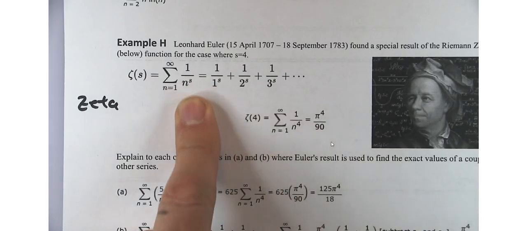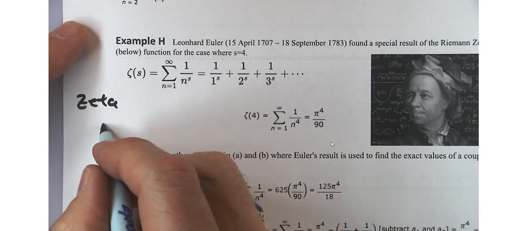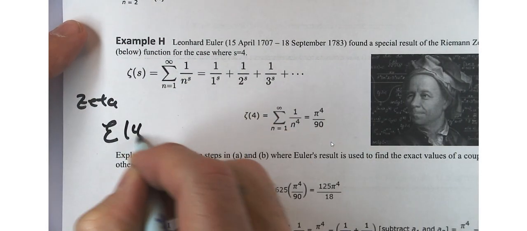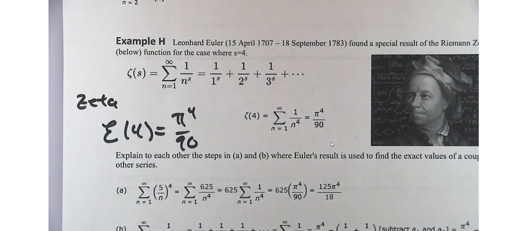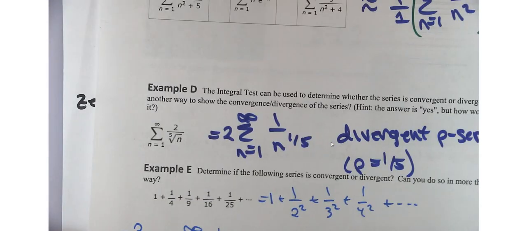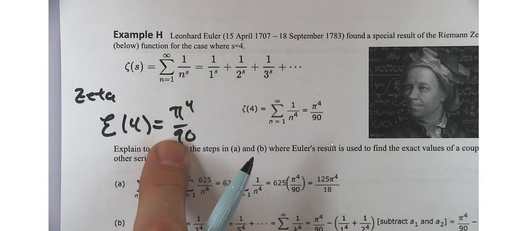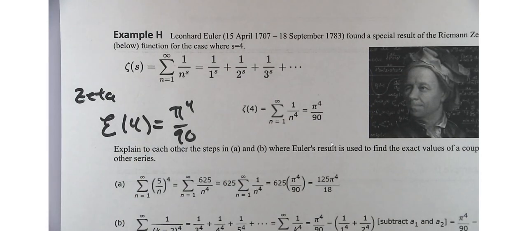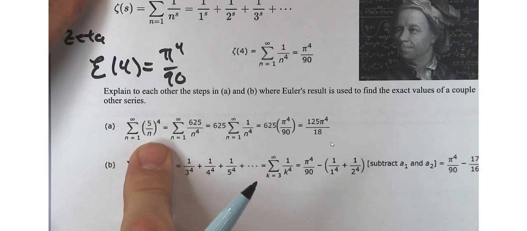But if you put in a 4 here, zeta of 4 equals pi to the 4th over 90. So kind of like our friend, the sum of the reciprocal of the squares, we got pi squared over 6. Similar kind of thing here, you get pi to the 4th over 90. I think he did it for even numbers up to about 12 maybe. In any case, you can use that result to figure out a couple of these other ones.